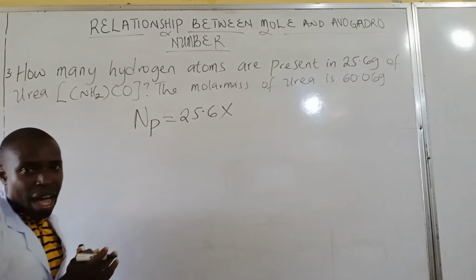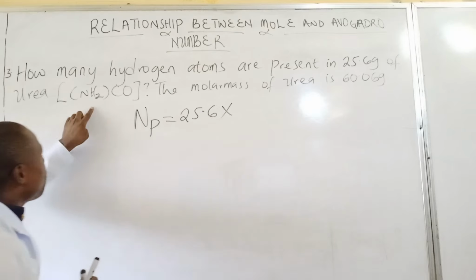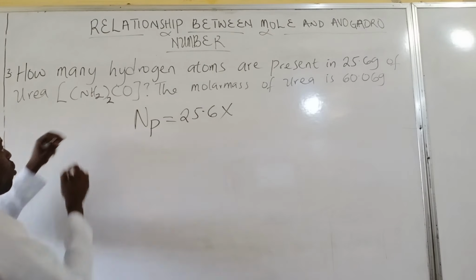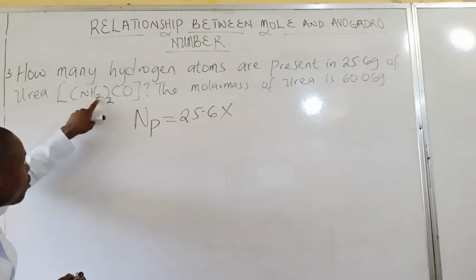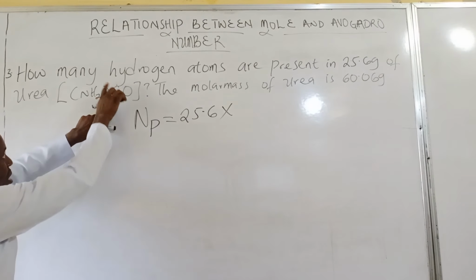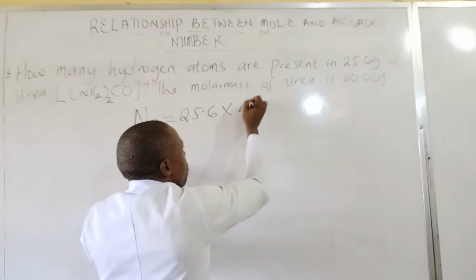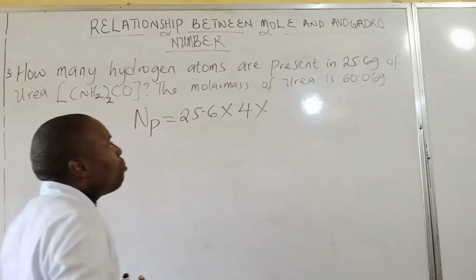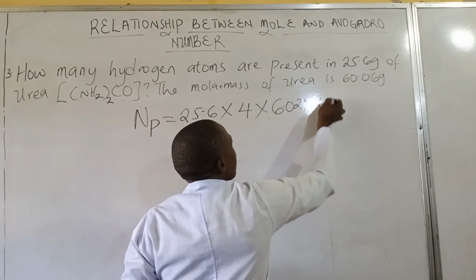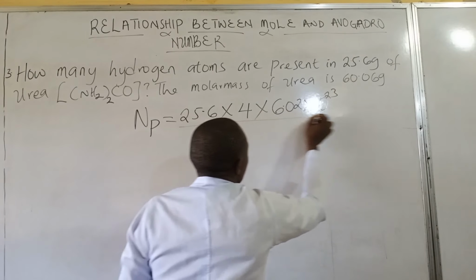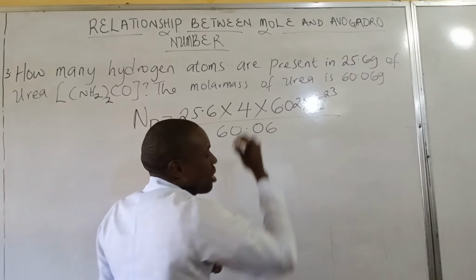It is 25.6 multiplied by how many atoms of hydrogen we have in this compound. Urea: we have 2 hydrogen atoms times this 2 in the bracket, and 2 multiplied by 2 will give you 4, multiplied by Avogadro's number, over the molar mass, which has been given to us as 60.06.